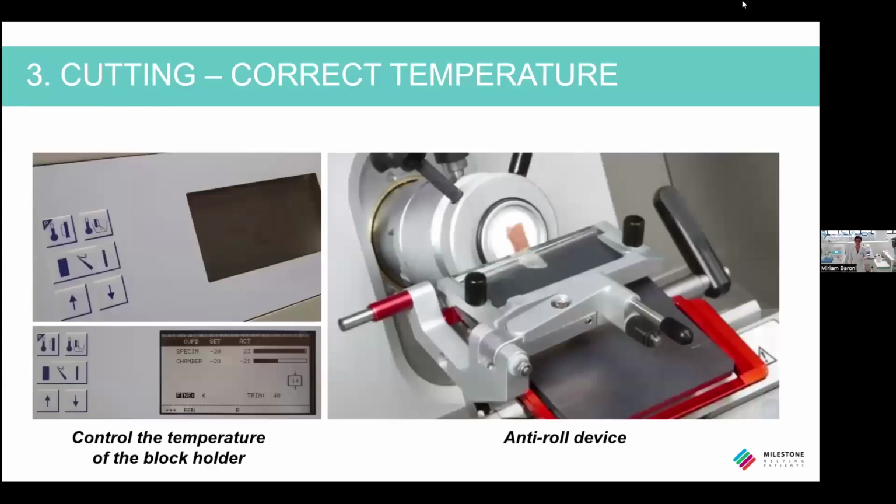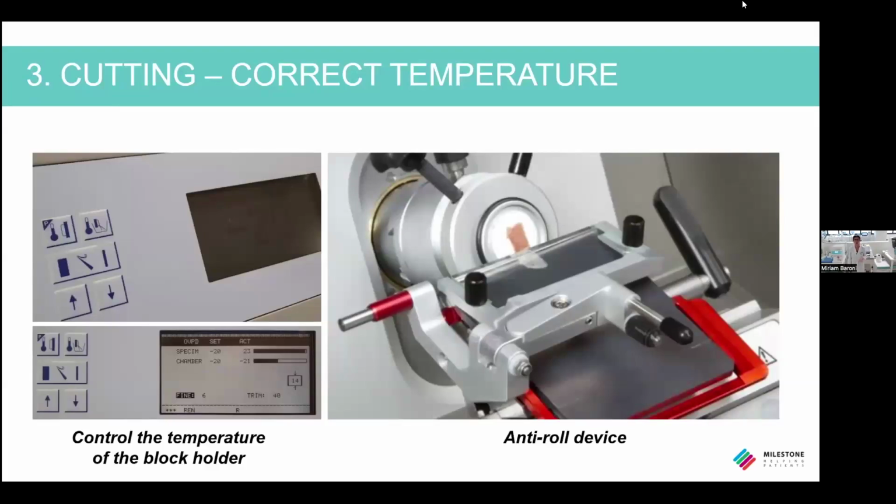The most advanced cryostats have some features to try to overcome the cutting problems. They allow changing the temperature of the block holder in a very rapid way, but this is not enough to avoid the shattering effect if the block has been prepared at a very low temperature, like minus 70 degrees or lower.